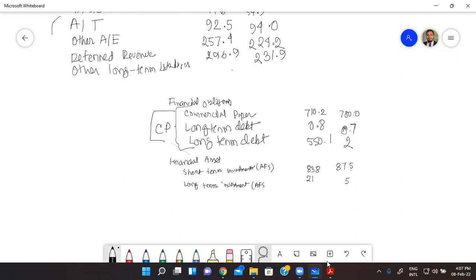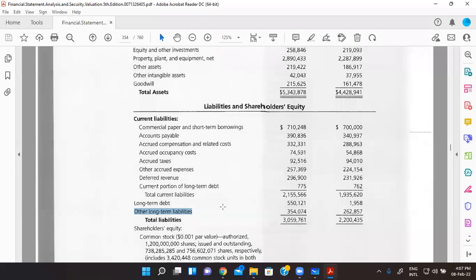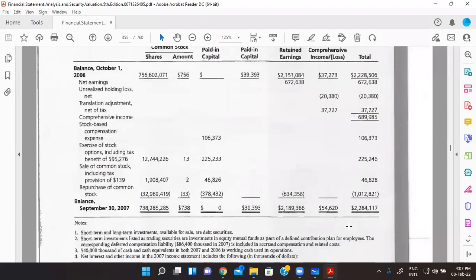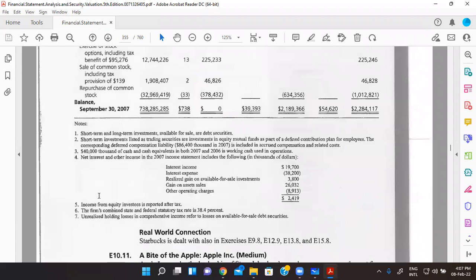Okay, it is of which one? 231 is a part of deferred revenue. But for other long-term liabilities, we have a note here regarding the clarification of other long-term liabilities, probably.